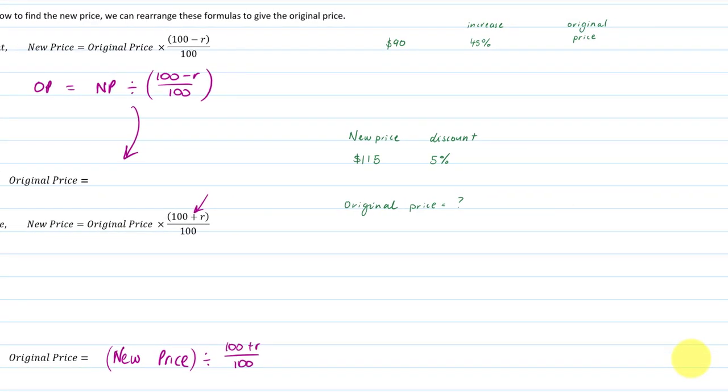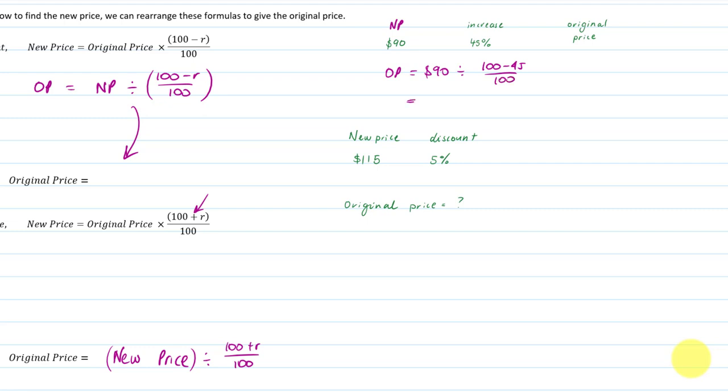We know that the new price is $90 and the increase was 45%. Let's calculate the original price. Well, the original price is equal to the new price, $90, divided by 100 minus 45 over 100.